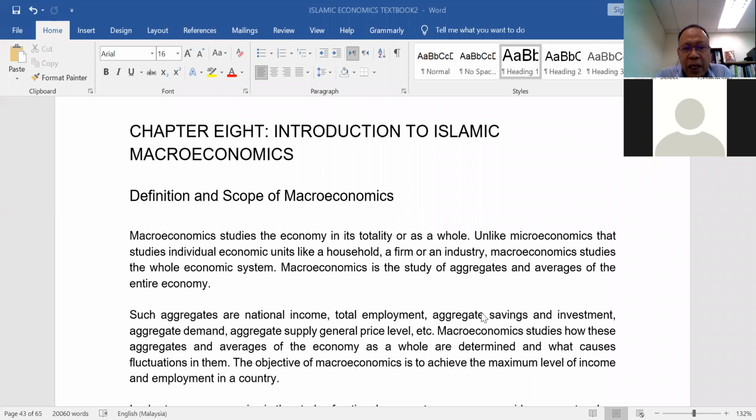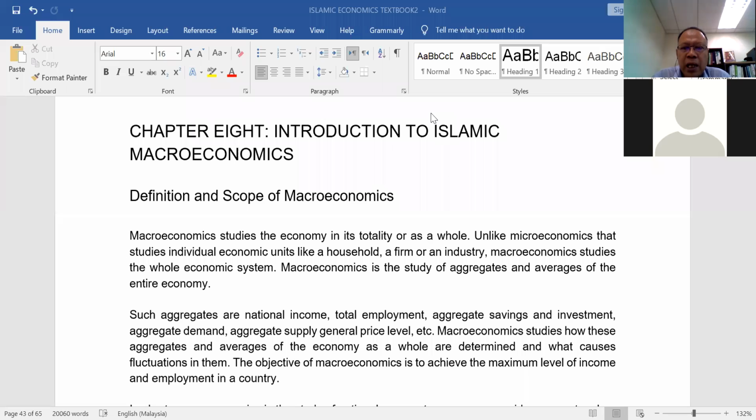So, for example, national income such as gross domestic product, gross national product (GNP), national income, and total employment, savings, aggregate savings, aggregate demand, aggregate supply, general price level, etc.